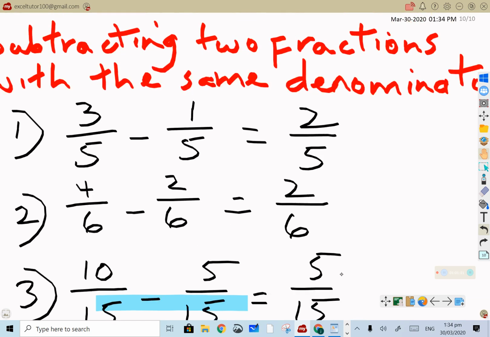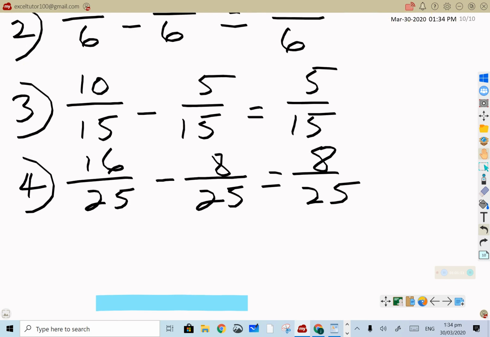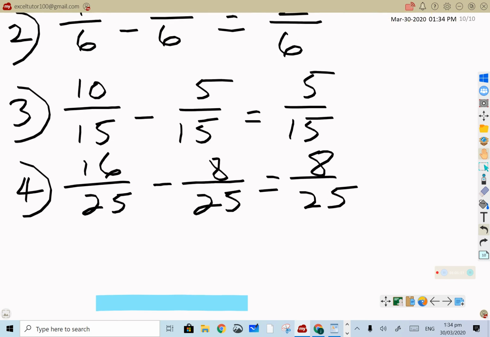All of them would have had the same denominator, so all we had to really work on was basically our numerator.